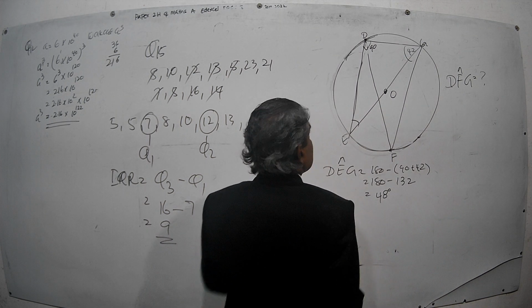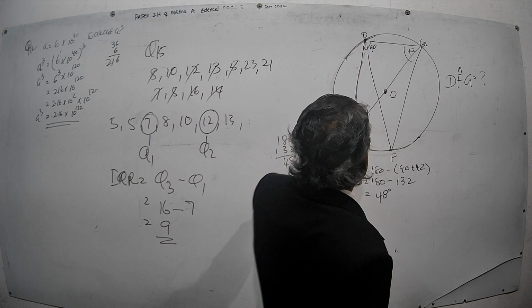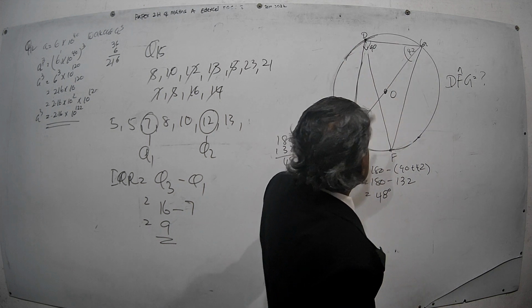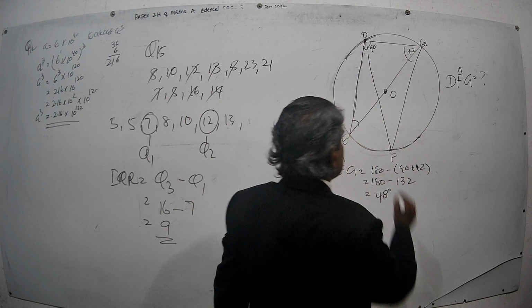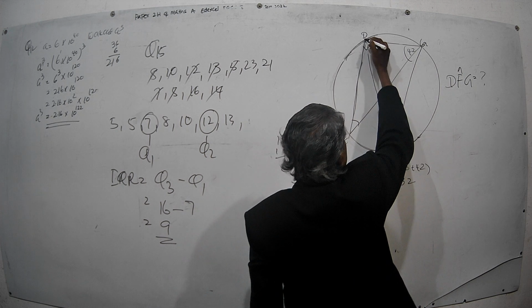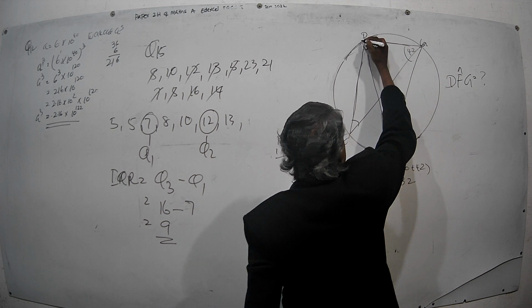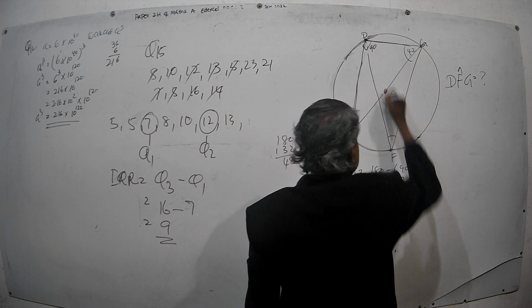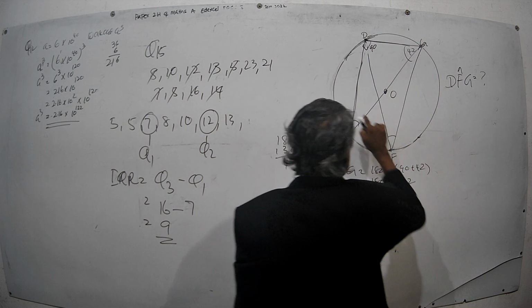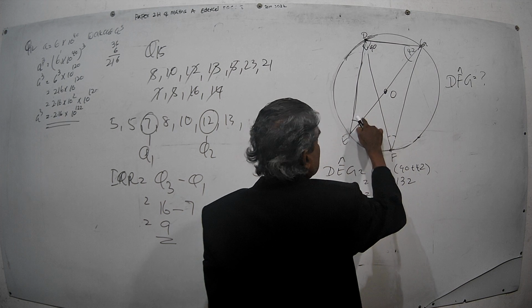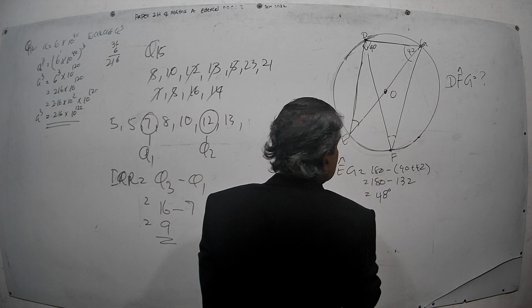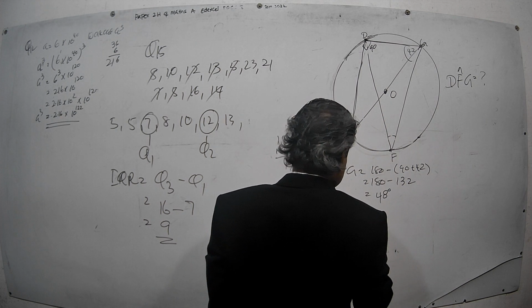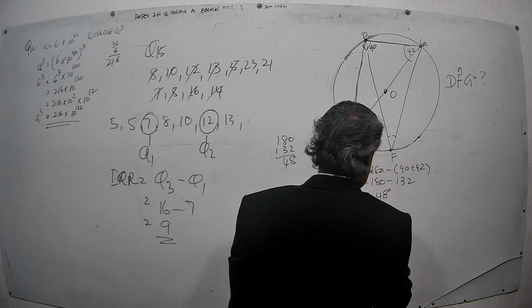Then angle DEG and angle DFG are subtended on the circle by the same arc. By the same arc, this angle and this angle are subtended on the circle. Therefore, this angle equals this one. So angle DFG also equals 48.